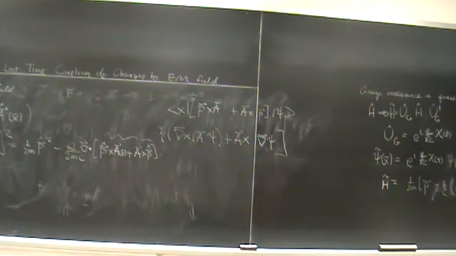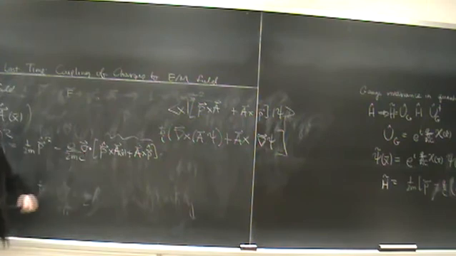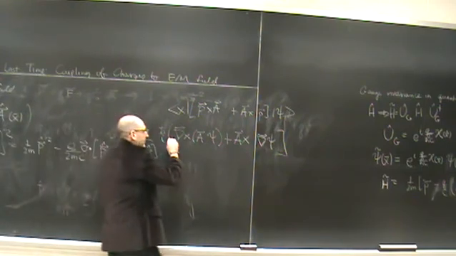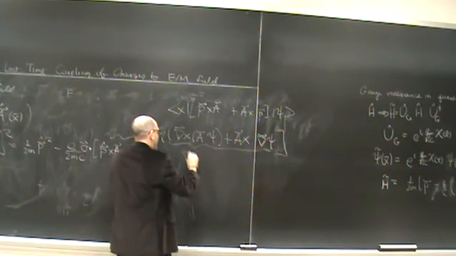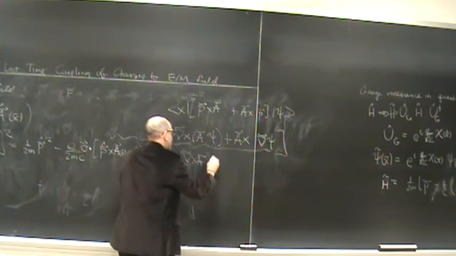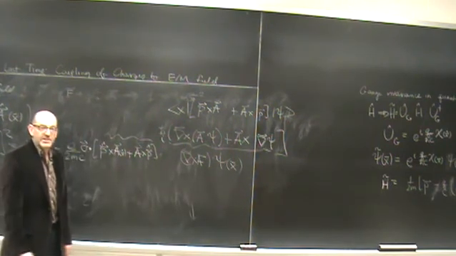Yeah? Do we not need to think of it with the spinors? That's all out here. When you do that vector algebra, what you find is that this is equal to the curl of A times psi, which is B.